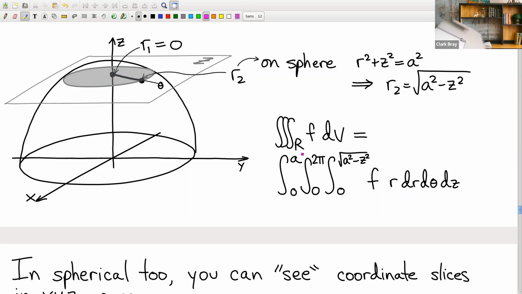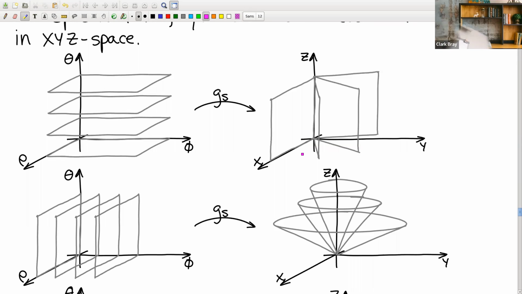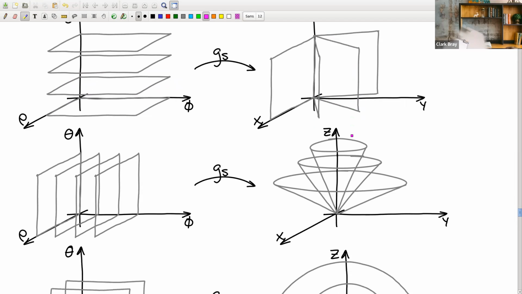Okie dokie. I'm pretty sure y'all have started to notice a pattern here. So what does slicing look like if we're using spherical coordinates? I mean, the setup is all the same, pullback and all that. So what do, for example, theta slices look like? Well, we already know what theta slices look like. What do phi slices look like?